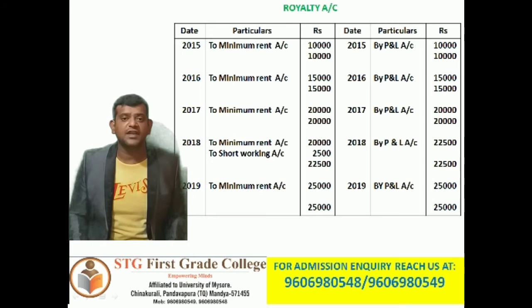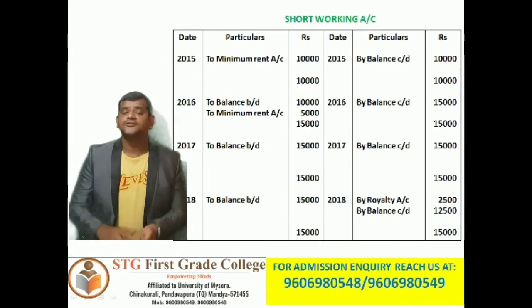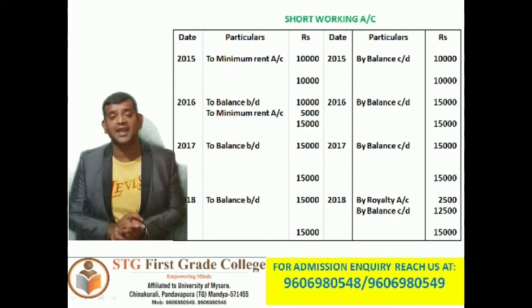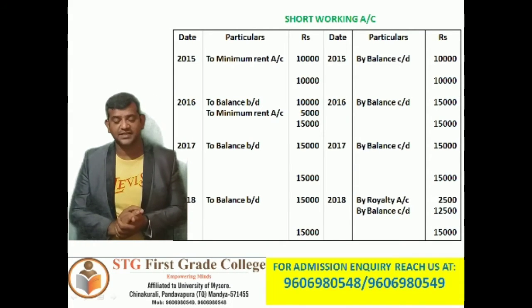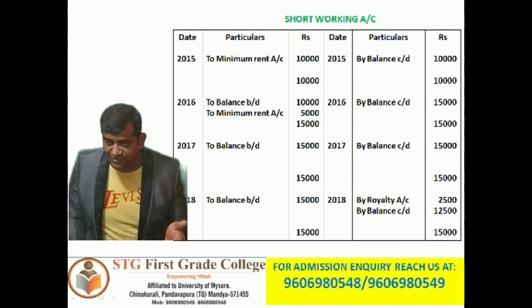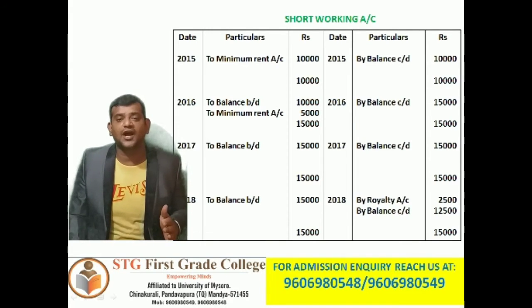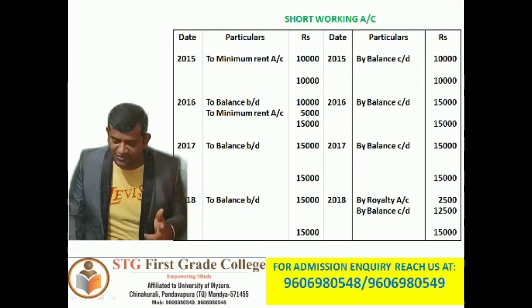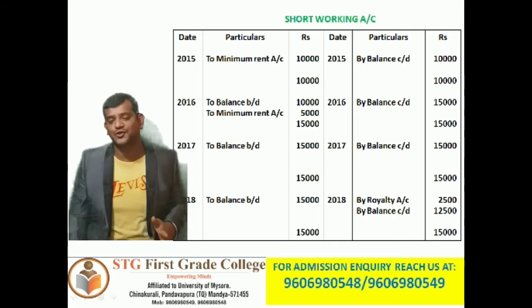So next we are moving further to the short working account. So let us open a short working account with the 6 column table, date, particulars, rupees, date, particulars, rupees. So in the year 2015, to minimum rent account, first year short working, how much? 10,000 rupees. Clear? So 2015 credit side, by balance carried down 10,000 rupees.